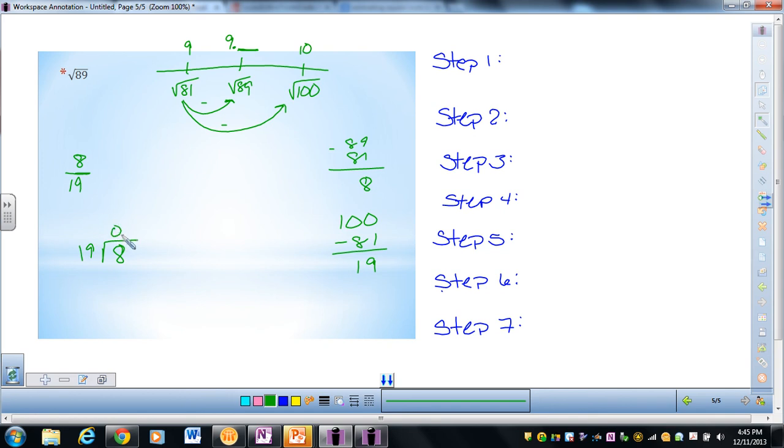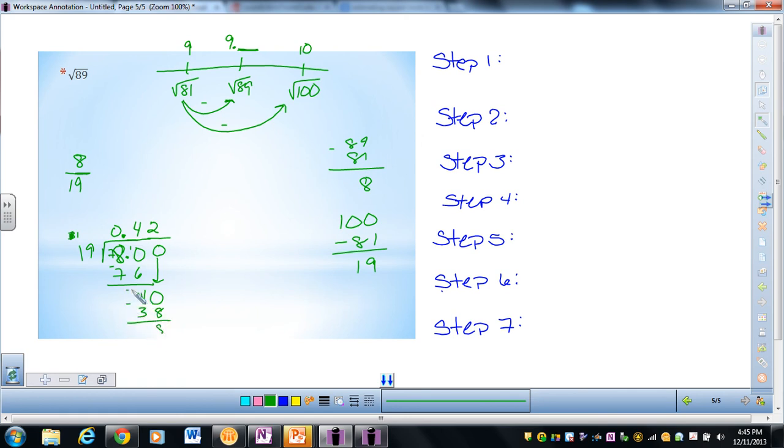19 does not go into 8, but it does go into 80, and I added my little decimal point. 19 goes into 80, let's say about 4 times. So 9 times 4 is 36. Carry the 3, that's 4, that's 7, that's 76. And that leaves me with 4, and I can add a 0 there. And then I have 40, and 19 goes into 40, let's say about 2 times. And that would be, carry the 1, so that's going to be 38.